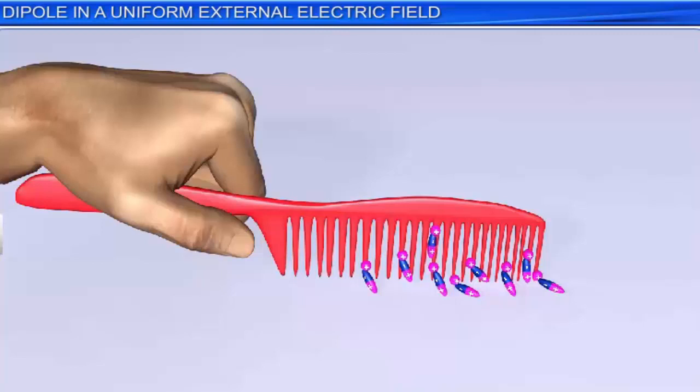The electric field of the comb is non-uniform, and it exerts a net force on the pieces of paper having a net induced dipole moment. Thus, the pieces of paper move towards the comb because of the net force on them.